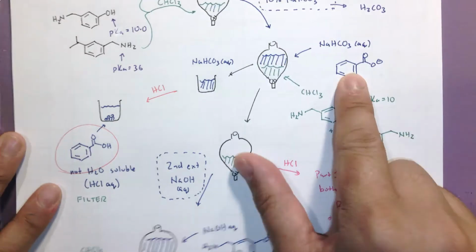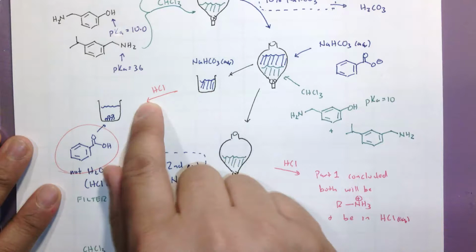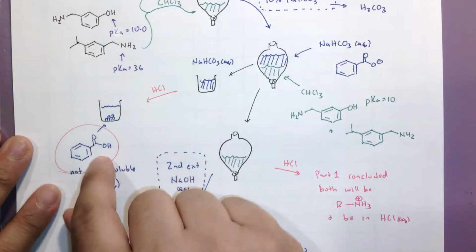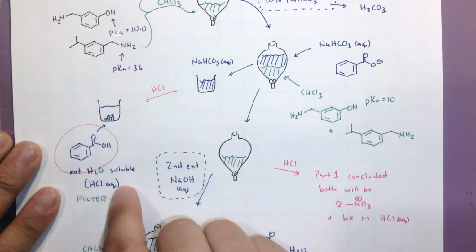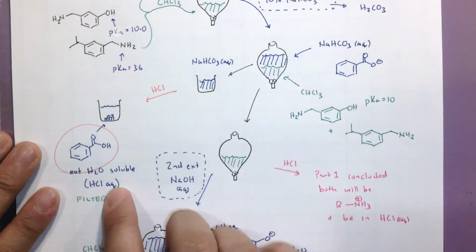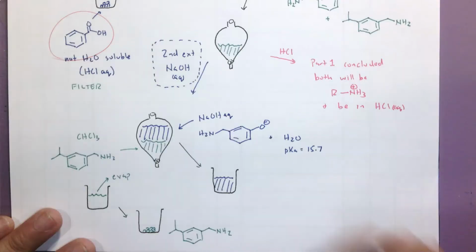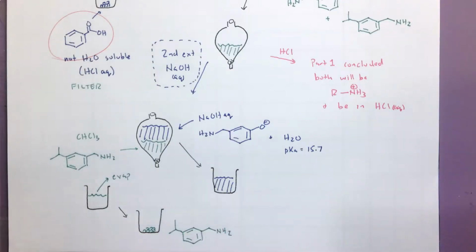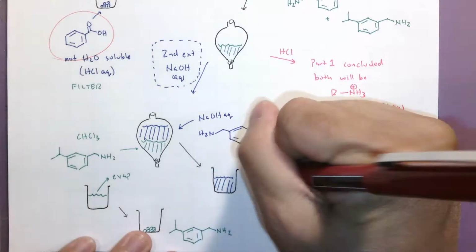Just like over here, we had soluble benzoic acid in this beaker, and we protonated it to get back the solid, to get back the neutral form. The neutral form is not soluble in water, or specifically in this case, acidic water, and it starts to precipitate out. So really what we're doing is you're taking this molecule right here, and you are adding HCl.